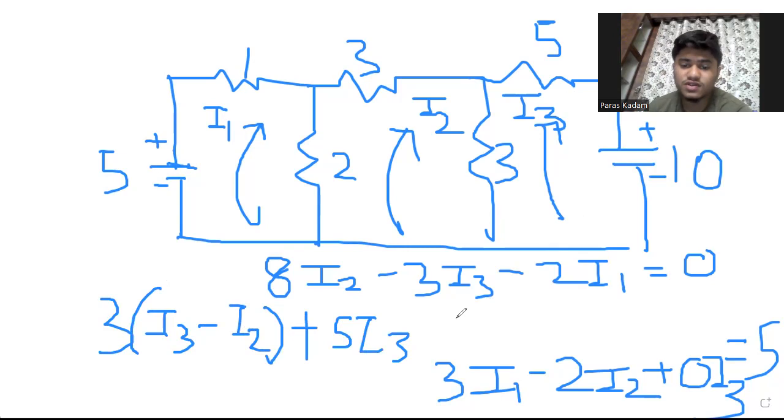Now we write all the voltage sources towards the right hand side, so we are not writing equal to 0 here, we write equal to 10.